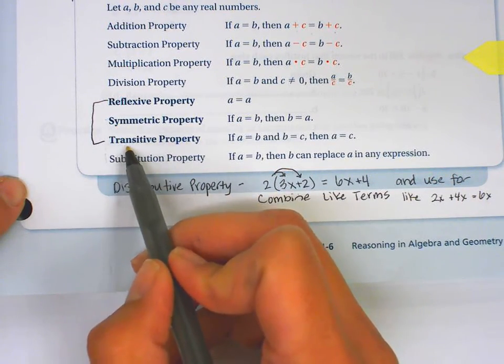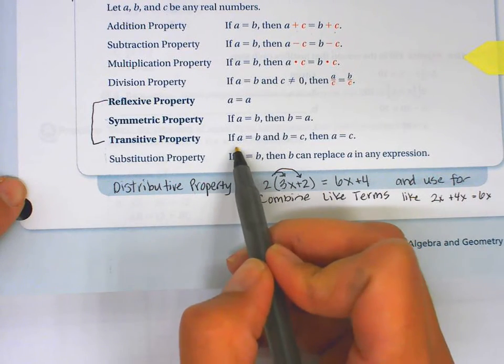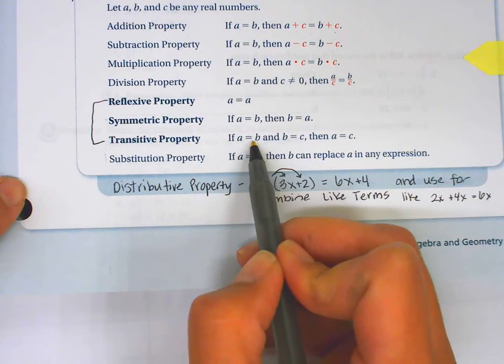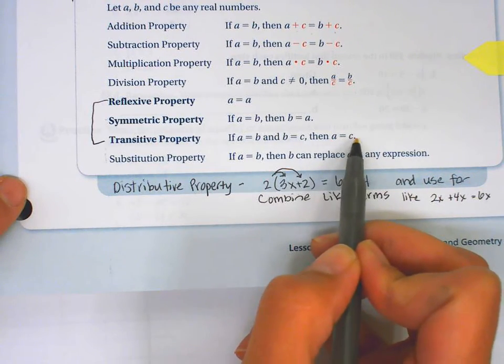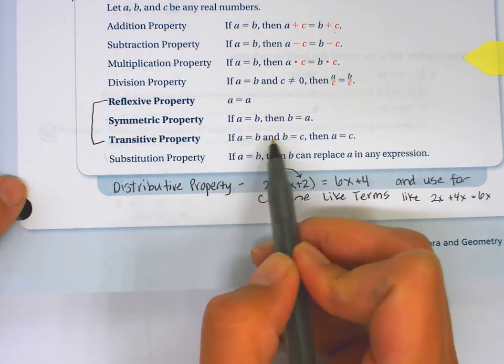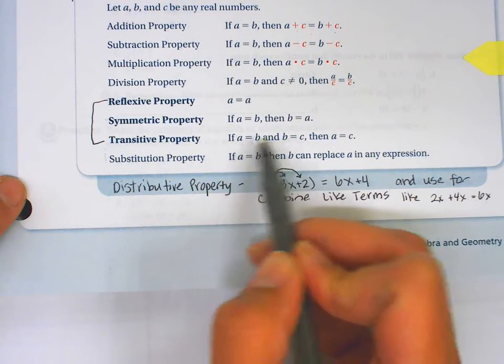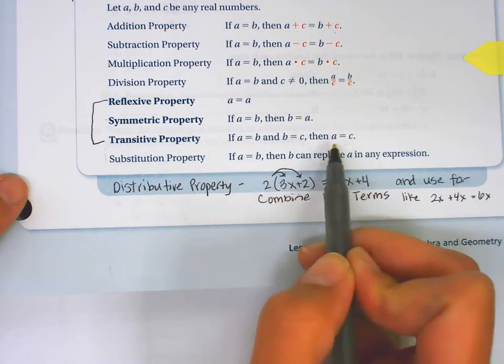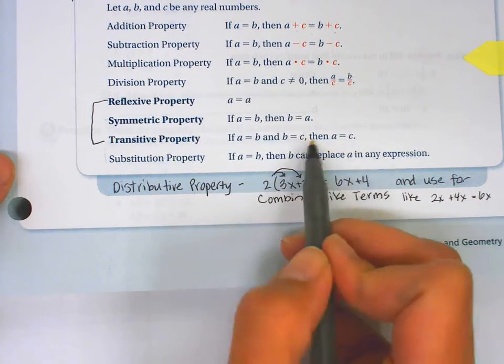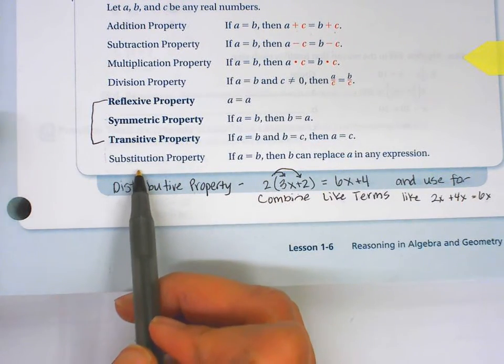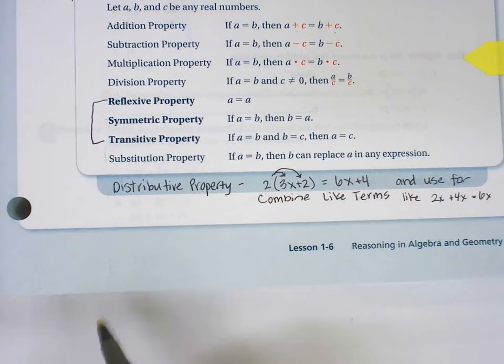And then there's also the transitive property. It's saying, okay, if A equals B, but then B also equals C, then A equals C. So that's where you'd have 3 different things. 2 are equal and 2 others are equal, then the first equals the third one. If that doesn't make sense right now, that's okay. We'll come back to it. There's also the substitution property, but that's not being used right here.